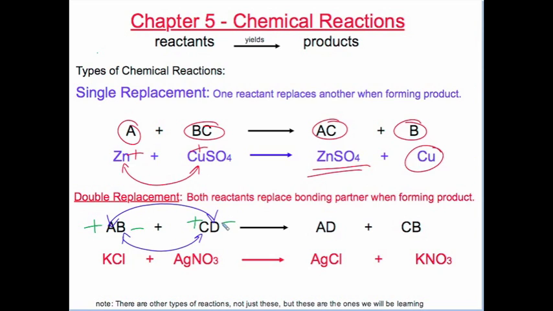So looking at this example, KCl plus AgNO3 yields AgCl plus KNO3. The K is the positive ion. It has to bond with the negative NO3. And Ag is the positive ion, has to bond with the negative Cl.